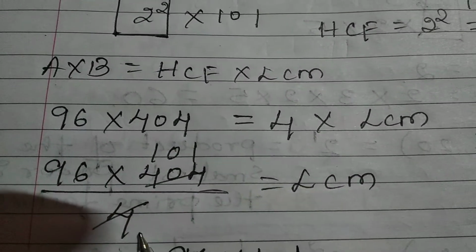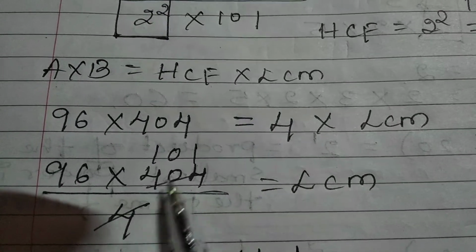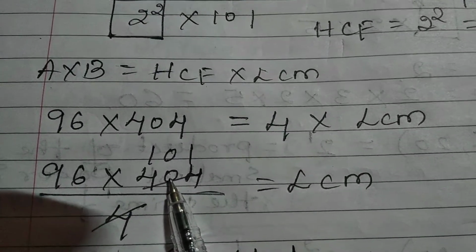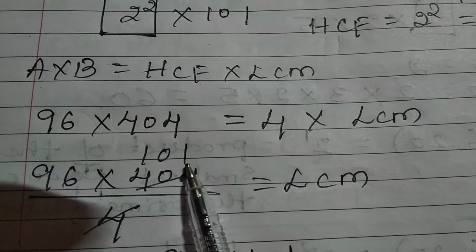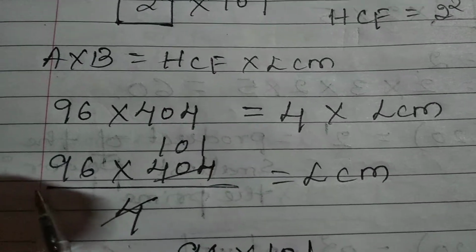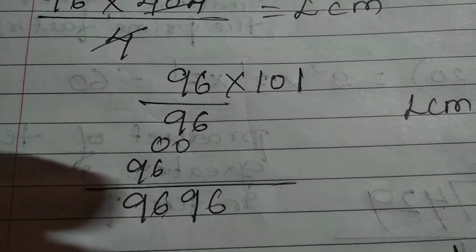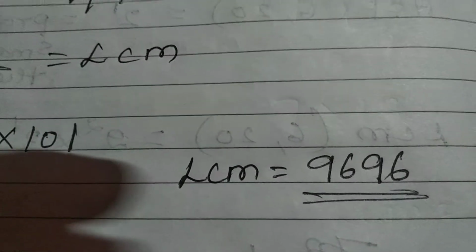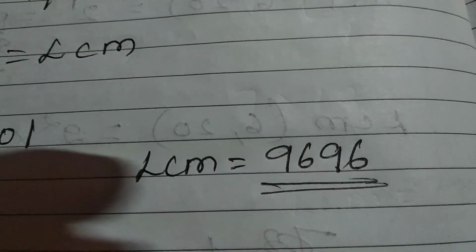You take the 4 down and then divide 404 by 4. You will get 101. So multiply these two, 96 into 101. You will get 9696. So LCM is 9696. This is how you are going to find the LCM.